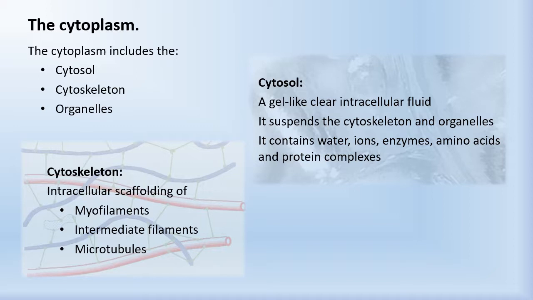The cytoskeleton is the intracellular, within cell, scaffolding, and it's made up of myofilaments, intermediate filaments, and microtubules. The filaments and tubules are basically chains of protein molecules, and they come in various different shapes or configurations.